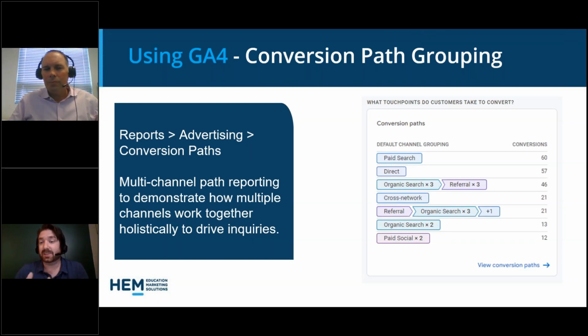For instance, paid search, people using only paid search, 60 conversions came out of there, only direct, 57. But then we start to see some interesting things like organic and referral. So these are people that probably Googled your website, maybe they landed on your blog, landed on a program page, and then they went probably to your Facebook page, and then from there came back, and then that's how they became a lead in your system.